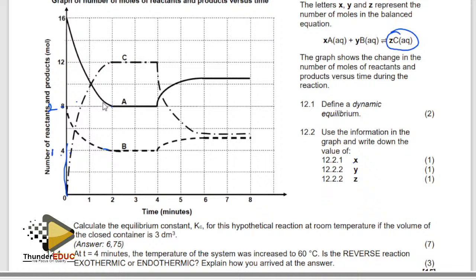So this is 2, meaning this is 4 moles, this is 8 moles, while this one is 3 times, meaning that this is 3. You understand? So x is 2, y is 1.